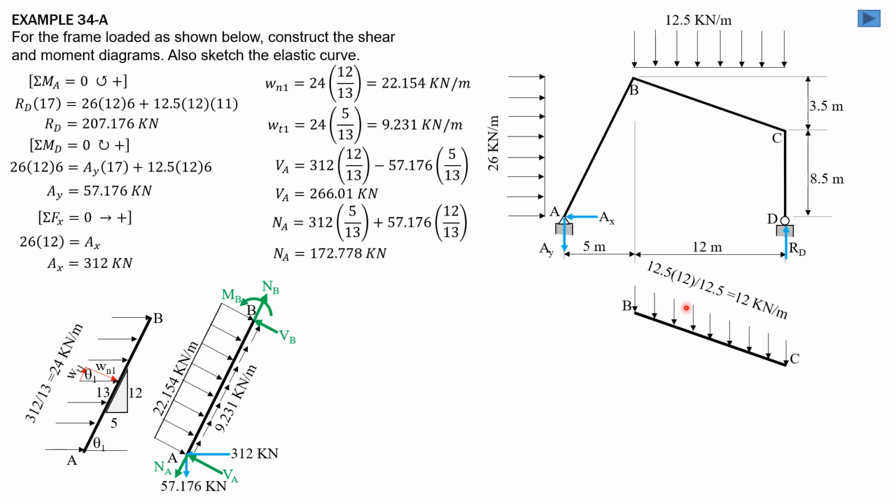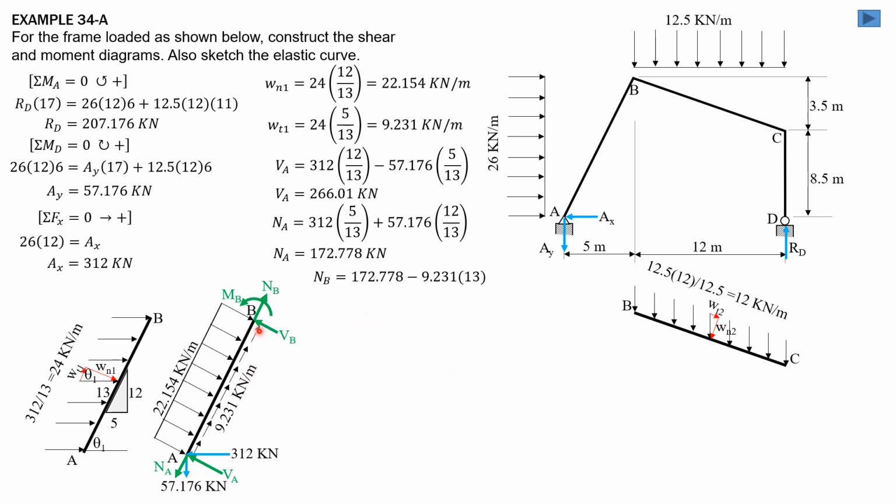So this intensity is 12.5 times 12 divided by the length of BC, which is 12.5, so 12 kilonewton per meter. Then we resolve it into W normal 2 and W tangential 2. So W normal 2 is 12 times cosine of this angle.